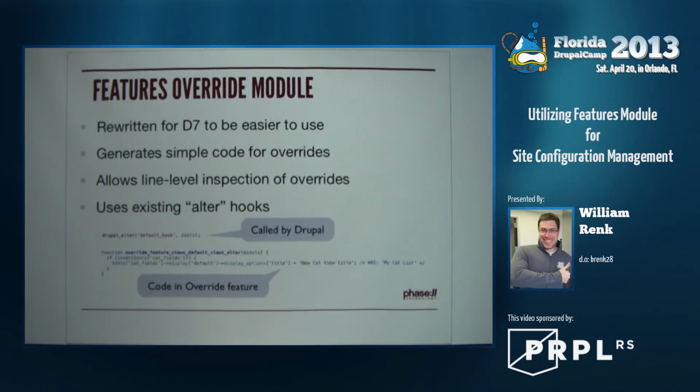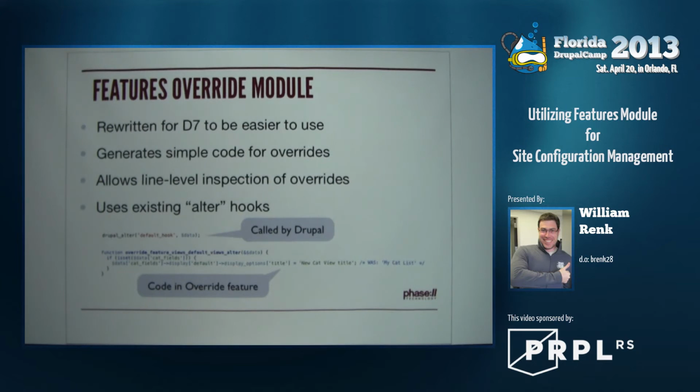The features override module was rewritten for D7 to make it easier to use. It generates simple code for overrides and allows line level inspection of overrides. It uses its existing alter hooks for its functionality.